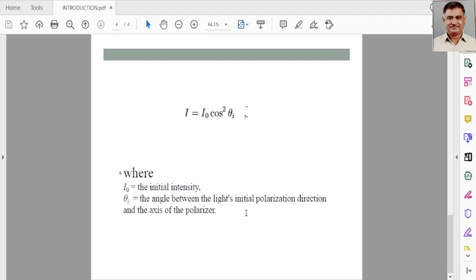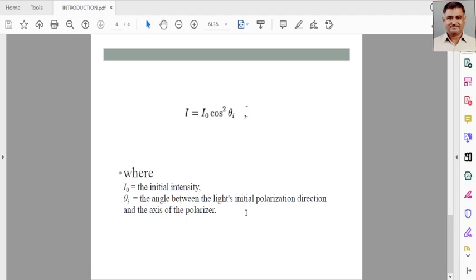They are called negative crystals because the refractive index corresponding to the E ray is less than that corresponding to the O ray.